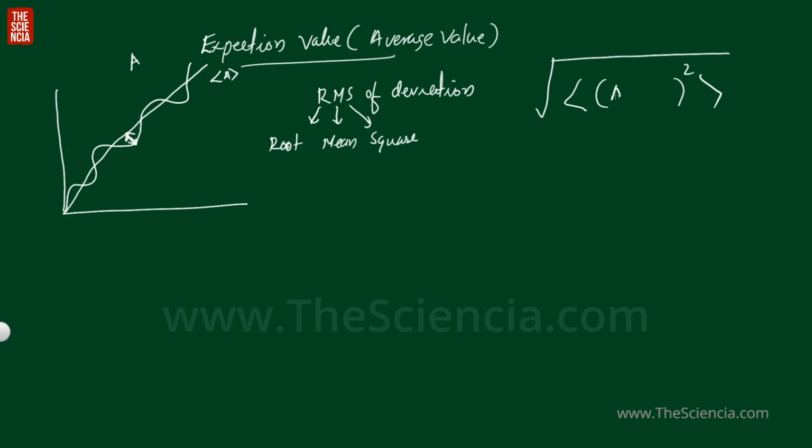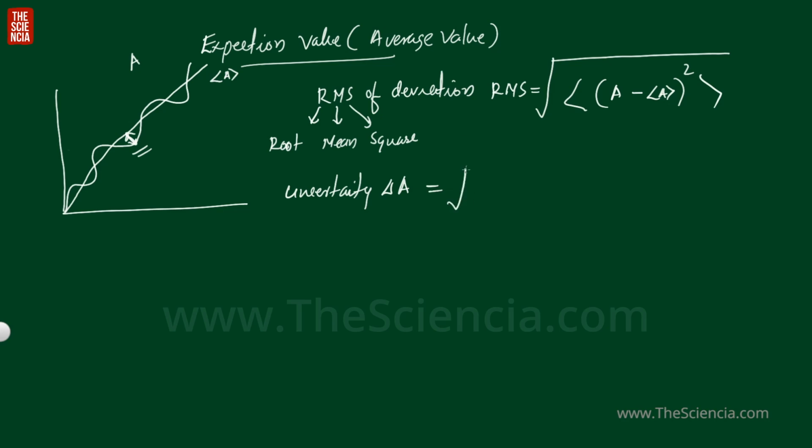That is A minus average A. So this is the RMS value. What is this RMS value giving? The uncertainty, right? So this is nothing but the uncertainty delta A in the quantity A.